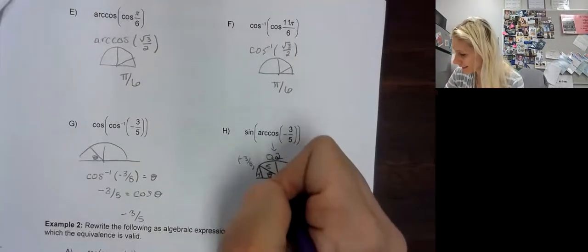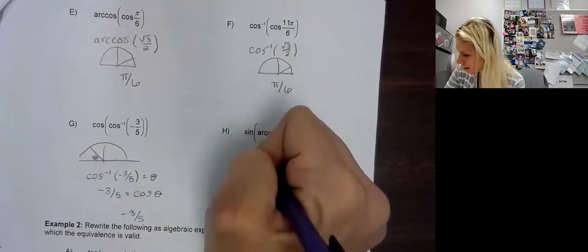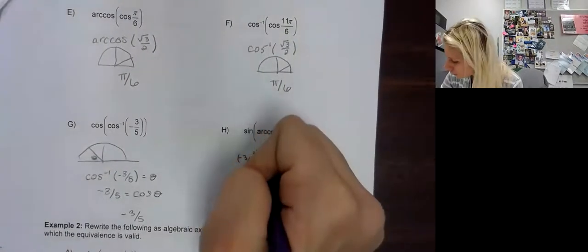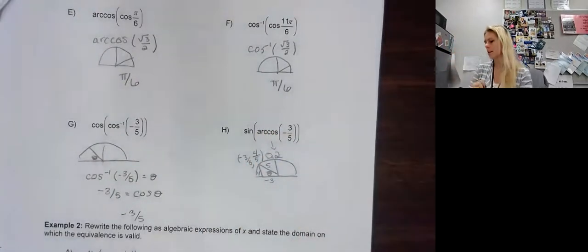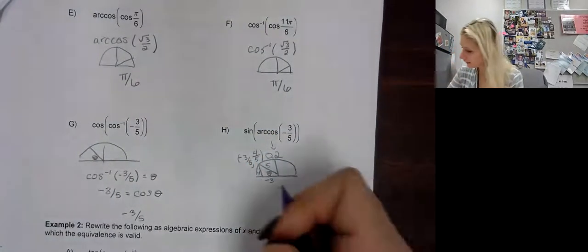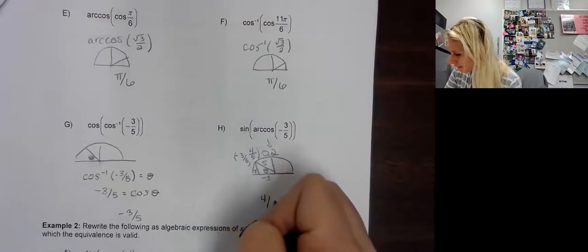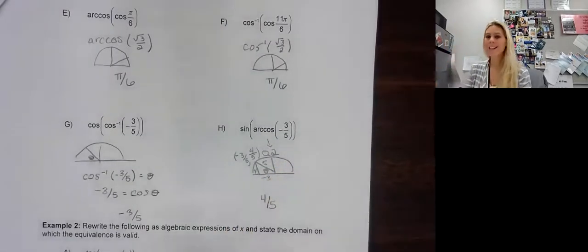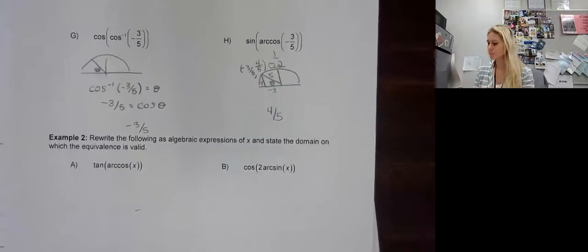That means sine is opposite over hypotenuse, y over r. You can go back to our x, y's, and r's. So in this case, sine of our theta, even though we don't know the exact theta, is still 4/5. So we're able to do those.